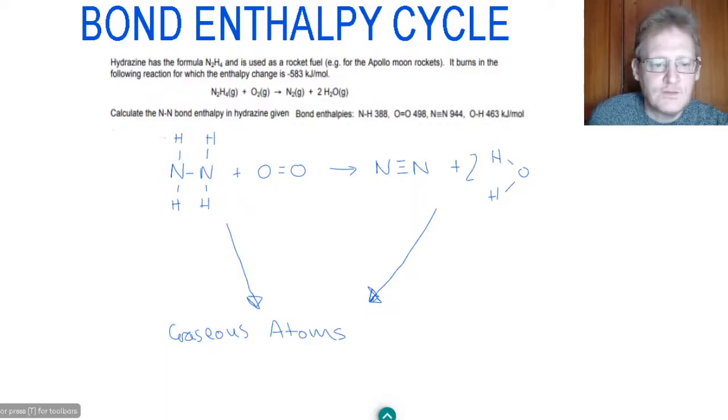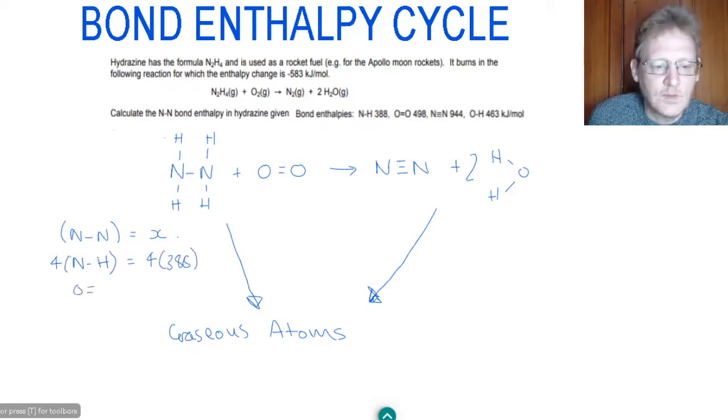So for nitrogen, we've got a nitrogen-nitrogen bond, and that's what we're trying to calculate. And then we've got 4 nitrogen-hydrogen bonds, which is 4 times 388.